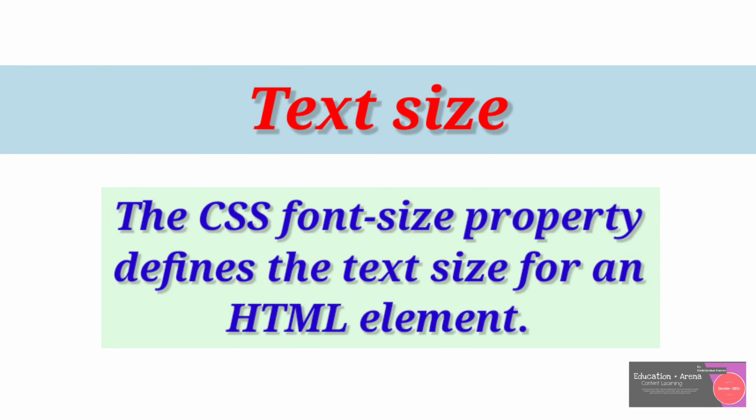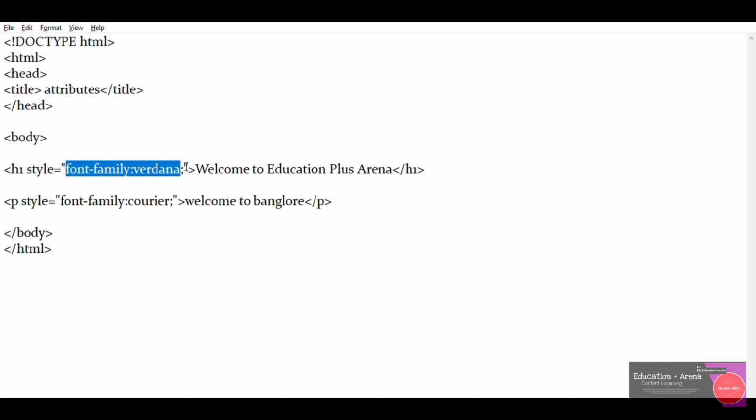So the next style is text size. The CSS font size property defines the text size for an HTML element. With the help of this property, you can increase or decrease your text size easily. So let's see with an example. Here I am writing the font size property and I am giving the value 300%.